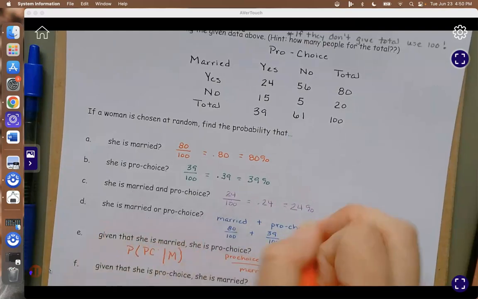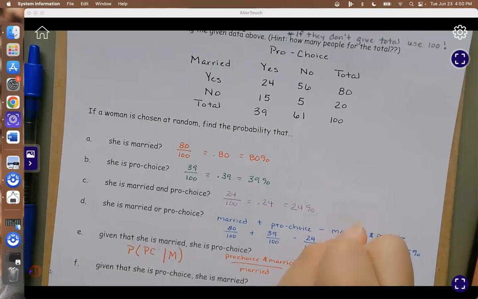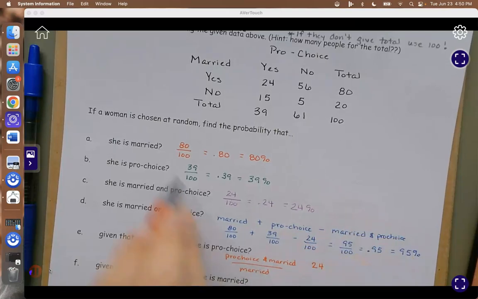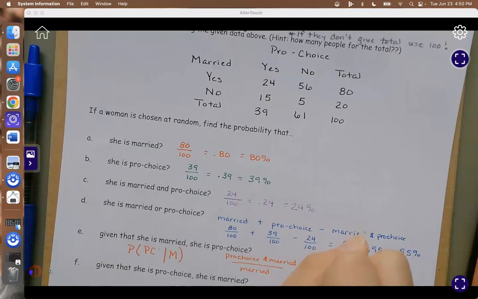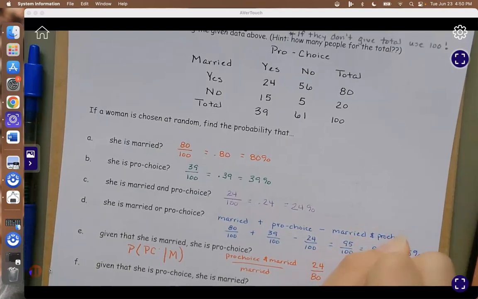Pro-choice and married is 24. Married is 80. 24 over 80 is 0.30, which is 30%.